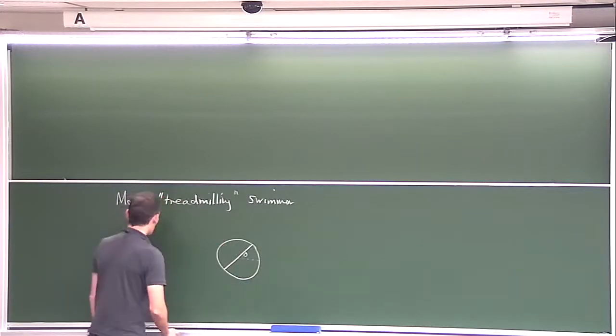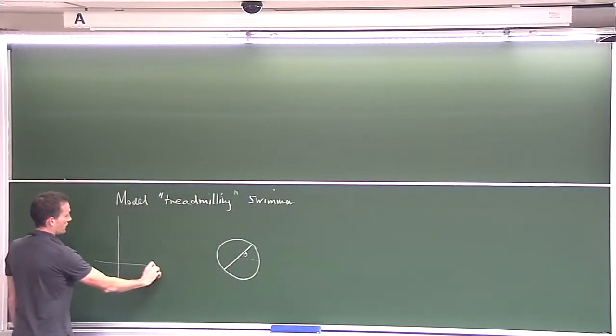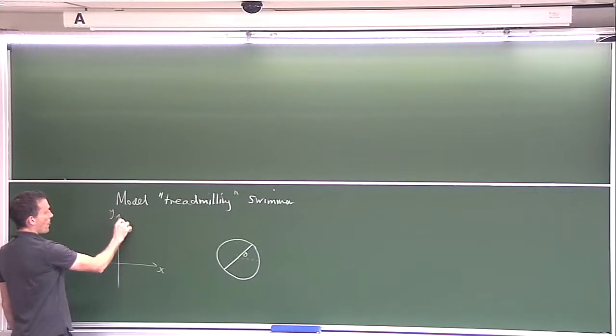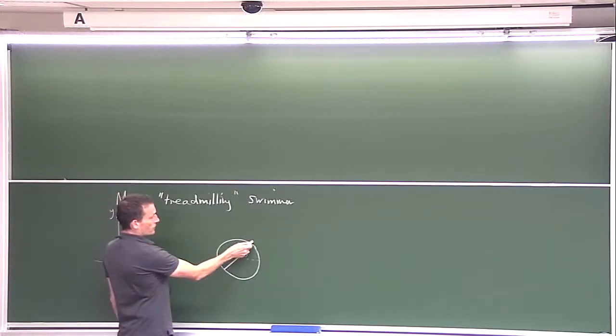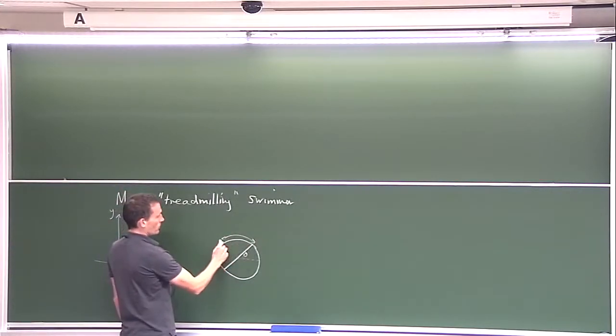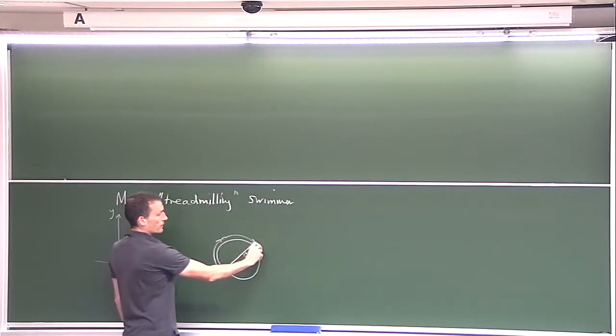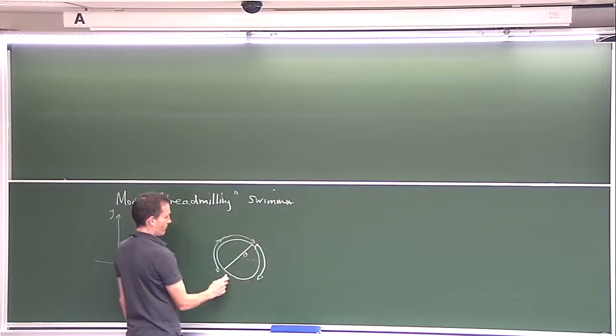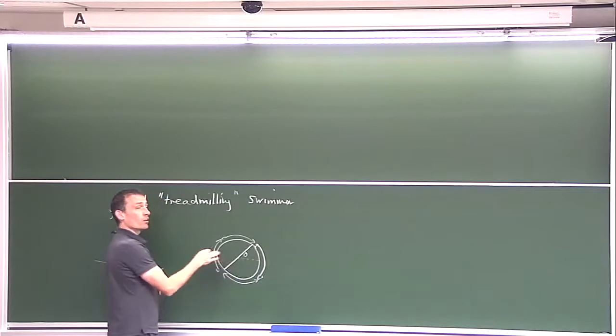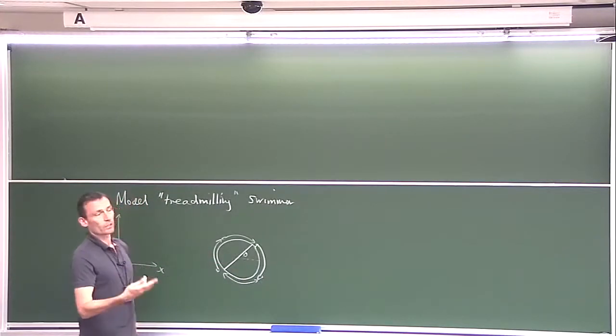That's going to be at some angle to the positive x-axis in an xy plane. And relative to this, we put some treadmilling activity. So something is happening on the boundary of the swimmer to cause a flow.